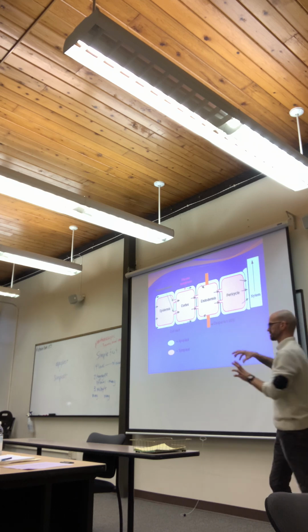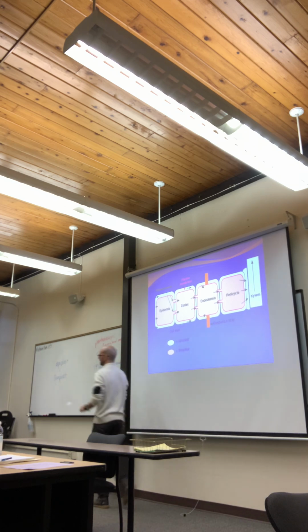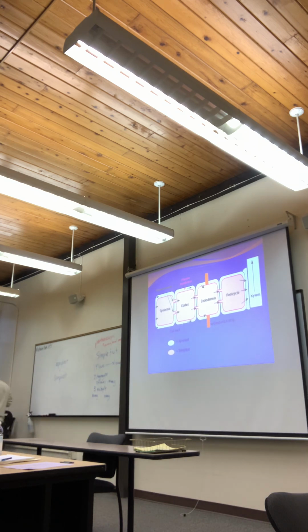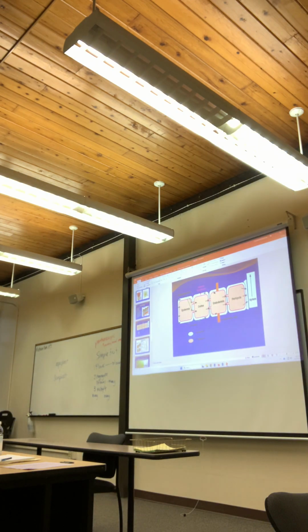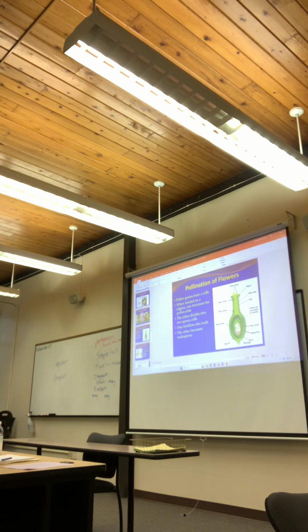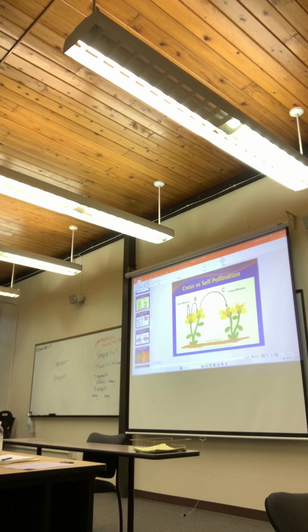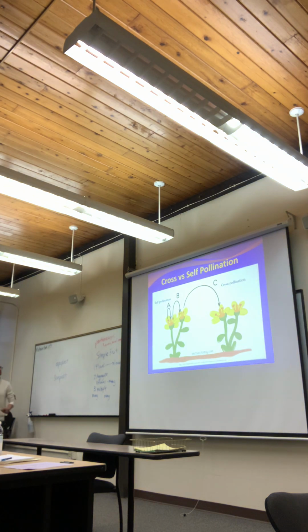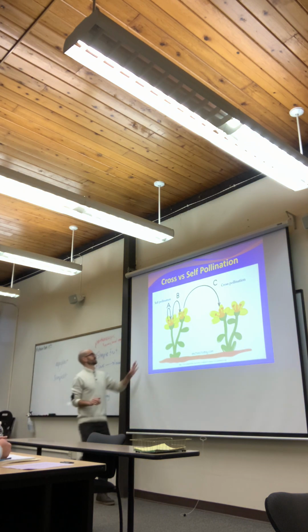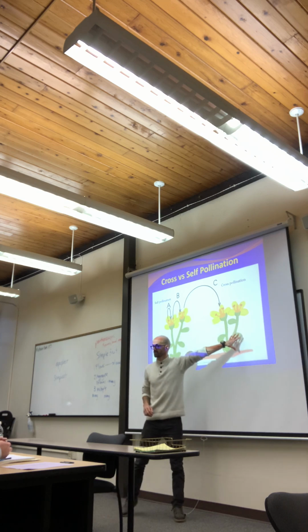If you can trace the story of pollination and fertilization, you're going to be able to answer several questions effectively. For example, you can look at something like this and tell me about self-pollination or cross-pollination.